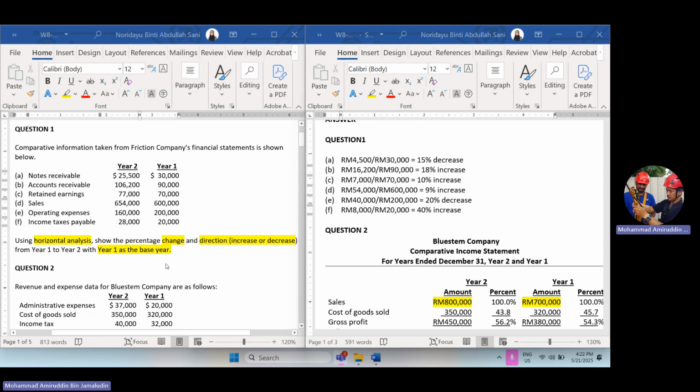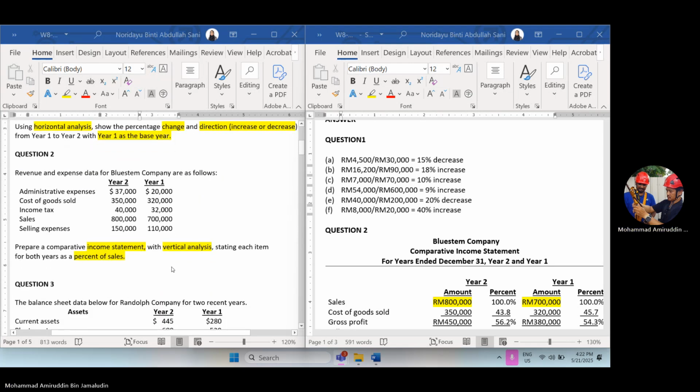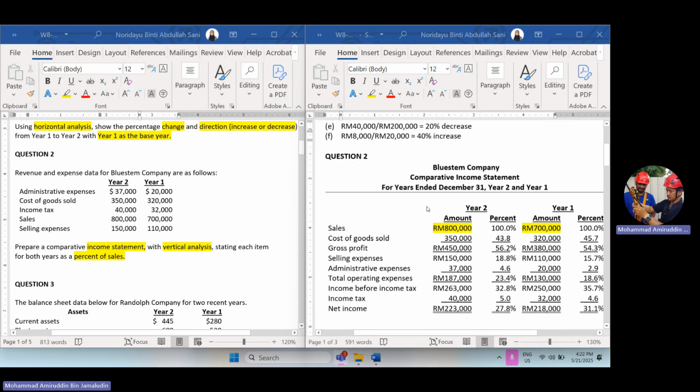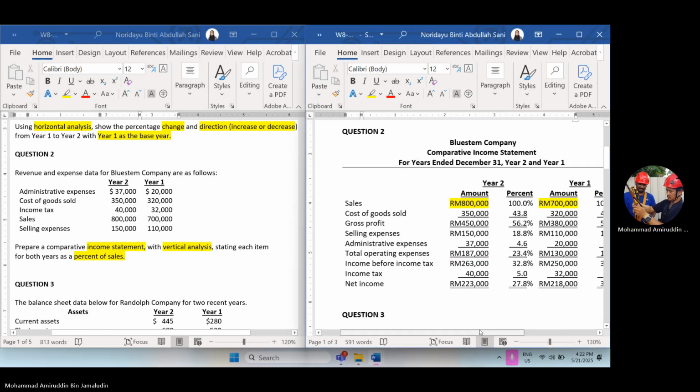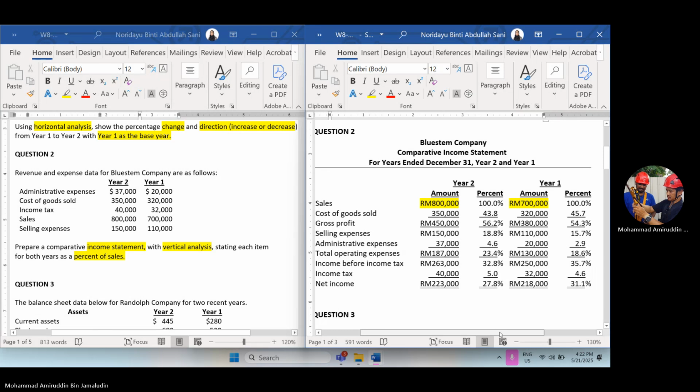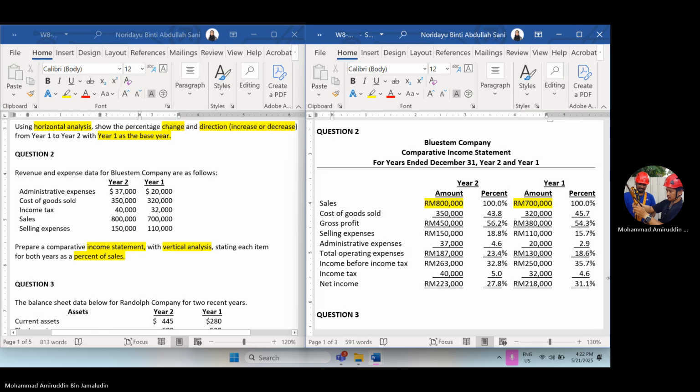Now we move to question 2. We have been provided with the revenue and expenses of the company, details for year 1 and year 2. So just now we had information on the statement of financial position. Here, question 2, we have something related to the statement of profit or loss.